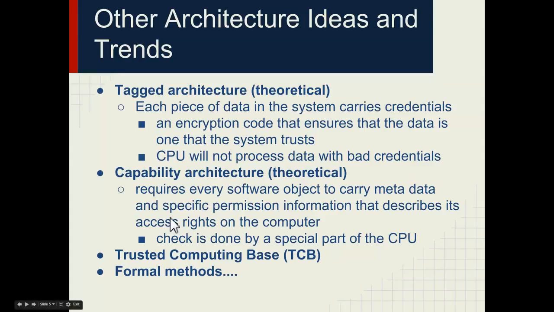In this model, every software object would carry metadata and specific permissions describing what it can do on that computer. However, the problem is it has extreme scalability problems. It's not a scalable solution.